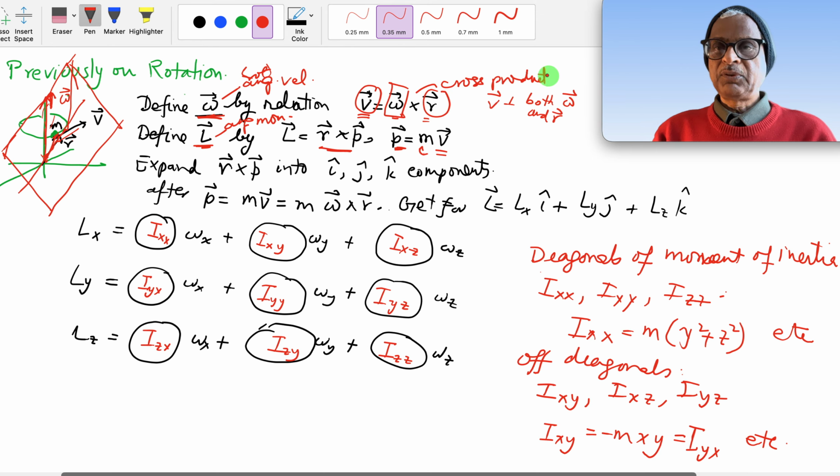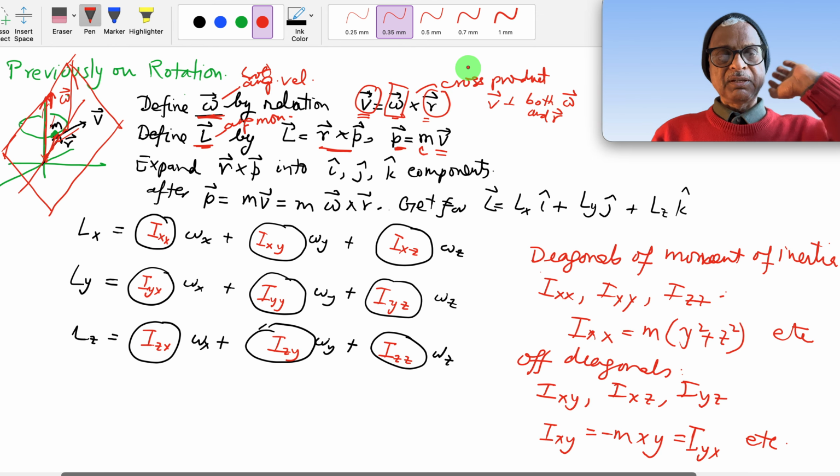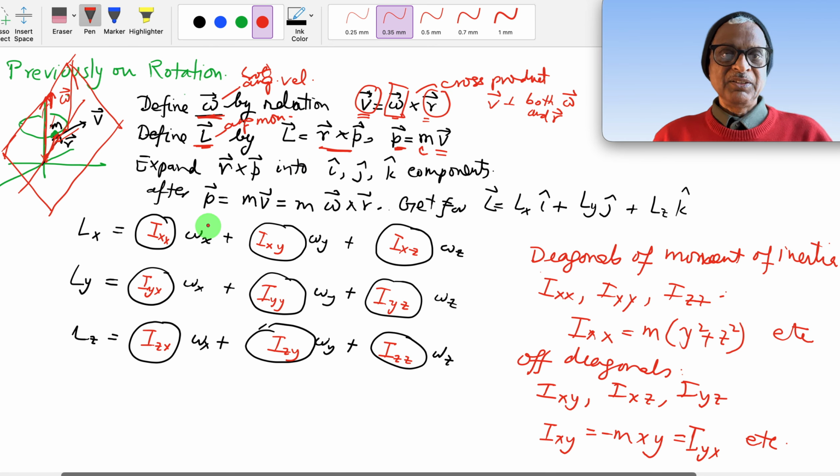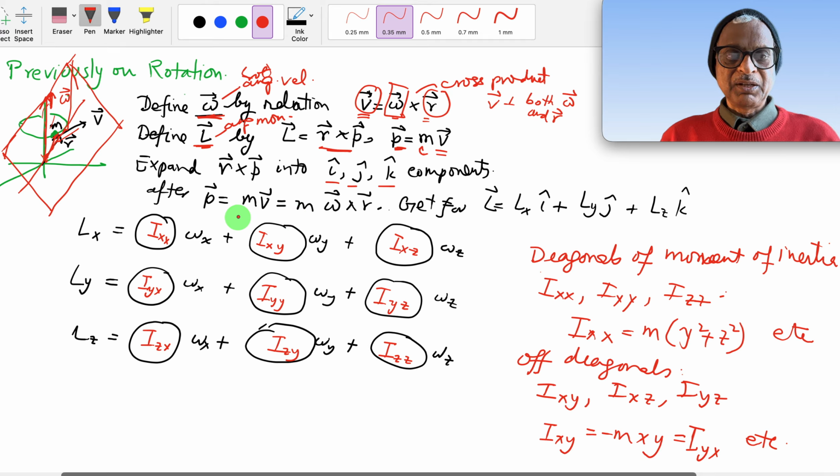If you don't know the cross product, you have to go all the way back to the vector material we talked about a long time ago. What we did in the last session was take this and write it out in x, y, and z components. These are the unit vectors along those directions.